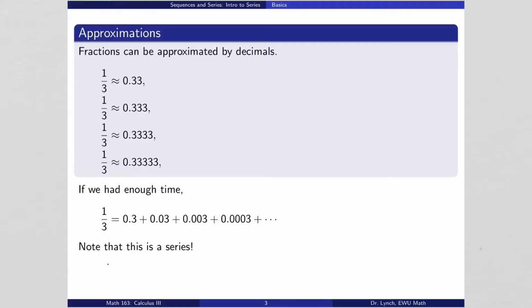Now, as a series, we can write this in terms of fractions also. 3/10 plus 3/100 plus 3/1000 plus 3/10,000, which is the same as 3/10 plus 3/10 squared plus 3/10 cubed, and so on.